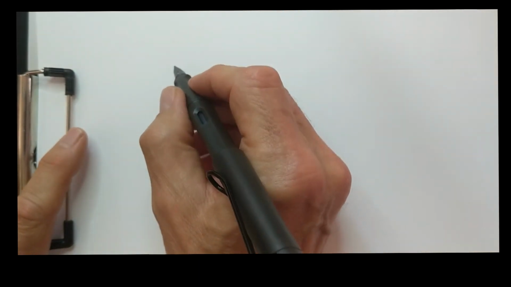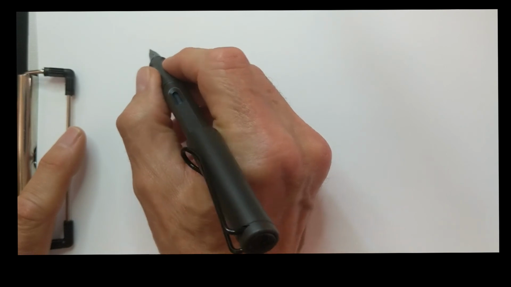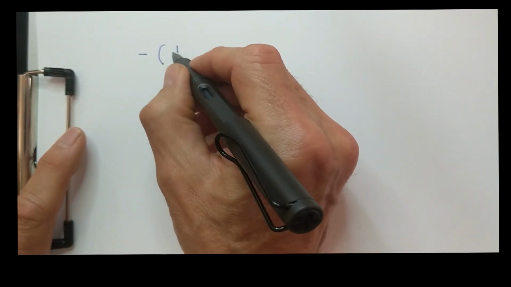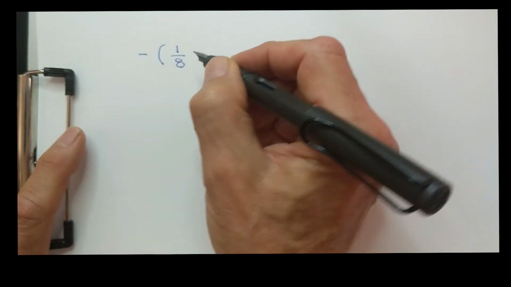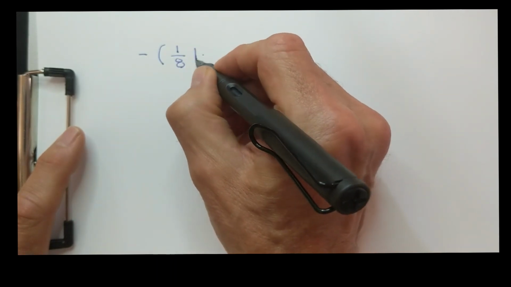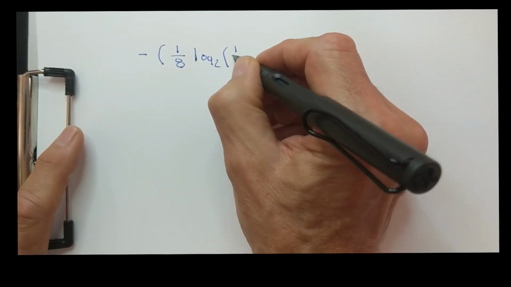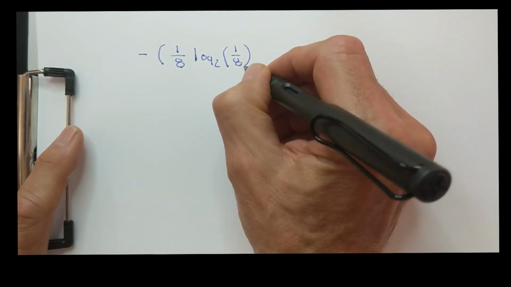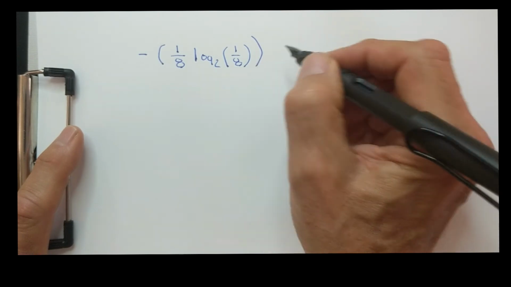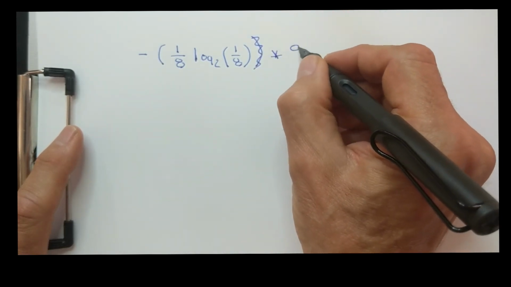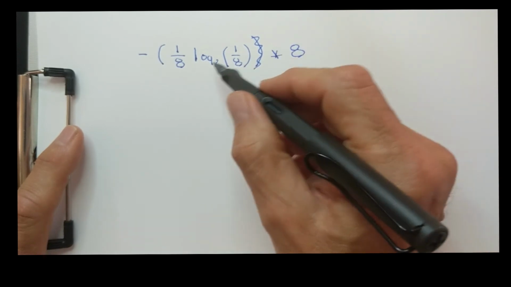So the 8-sided die example, so we have negative again, and we have the probability of rolling any number is 1/8. And there's 8 possibilities, right?